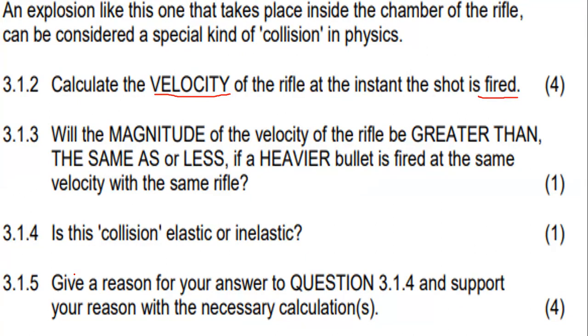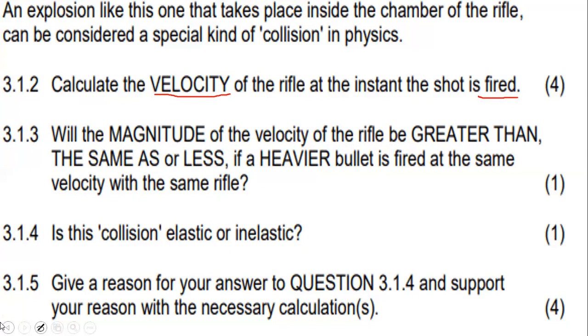What does this mean? Let us just quickly talk about elastic collision. It tells me the total linear momentum is conserved and the total kinetic energy is conserved. So it means the total linear momentum before the collision will be equal to the total linear momentum after the collision. If it is elastic again, the total kinetic energy before the collision will be equal to the total kinetic energy after the collision.